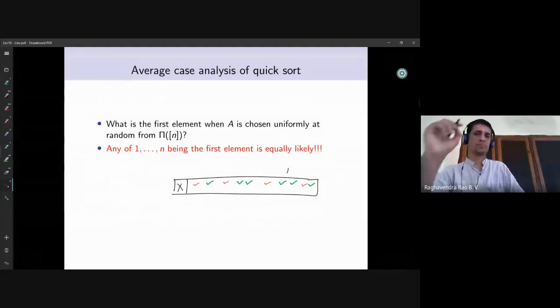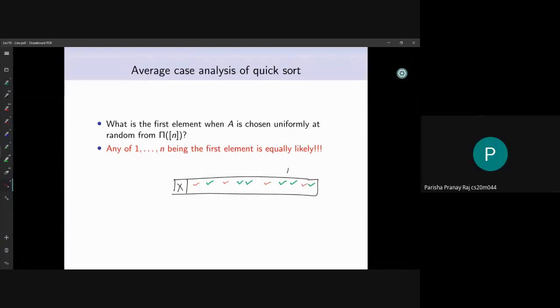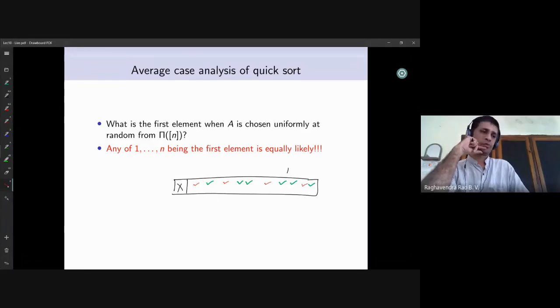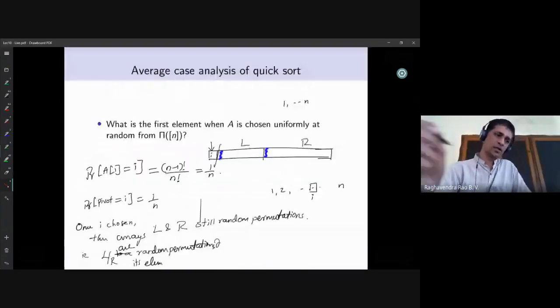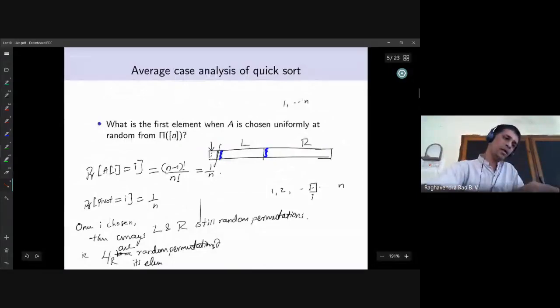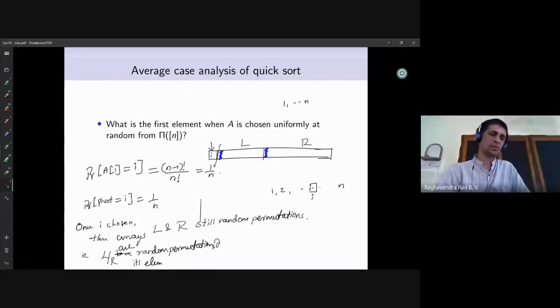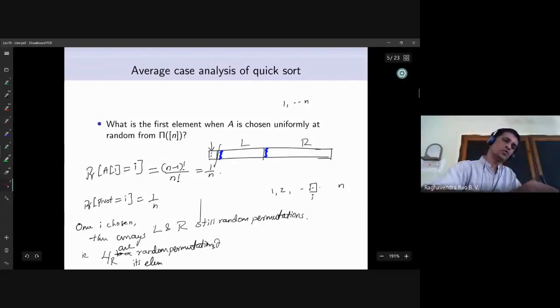Yes, so it's another way of saying as good as before. Yes, as good as before. So in other words, when I choose a pivot in the second level of recursion, say for L, the first element is random among all candidate elements, that is 1 to I minus 1 in our example, because we are considering a permutation of 1 to n. So it's 1 among all.